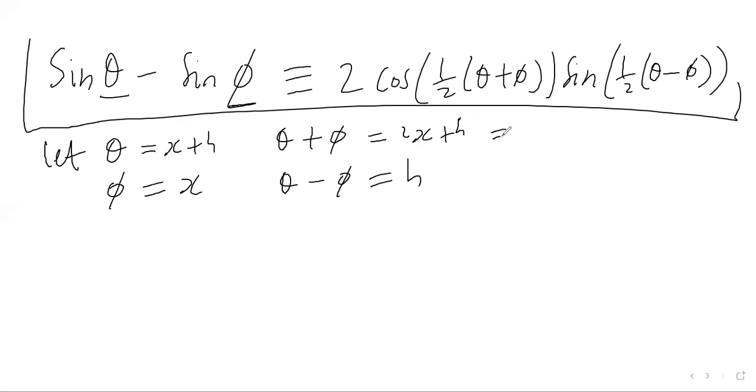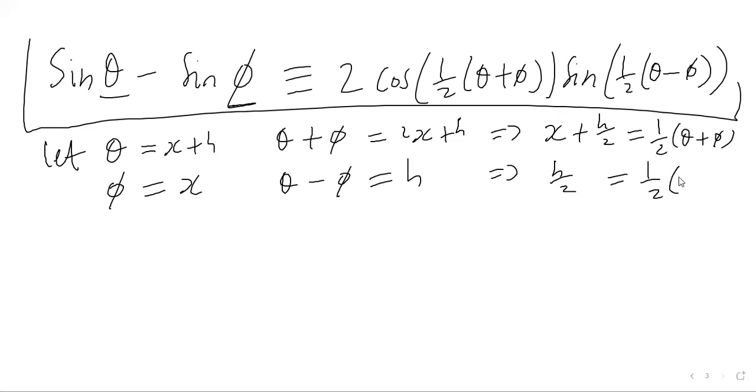And so therefore, from this, we know that half of theta plus phi is going to be x plus a half h. Sorry, this should be half of theta plus phi. And we know that a half of theta subtract phi is just going to be a half of h. So this is half of theta minus phi.